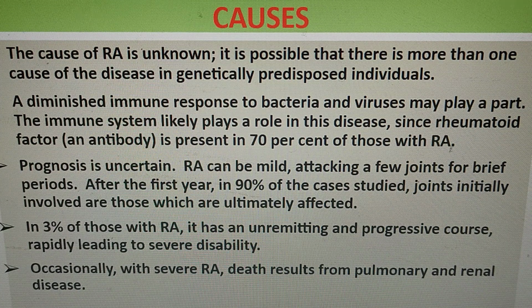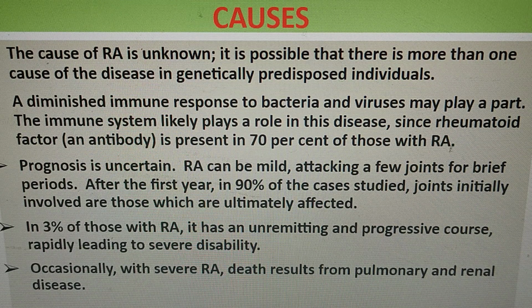A diminished immune response to bacteria and viruses may play a part. If your immune system is reduced, then the likelihood of getting this is higher. The immune system likely plays a role in the disease since rheumatoid factor, an antibody, is present in 70% of those with RA. Okay? Prognosis is uncertain.